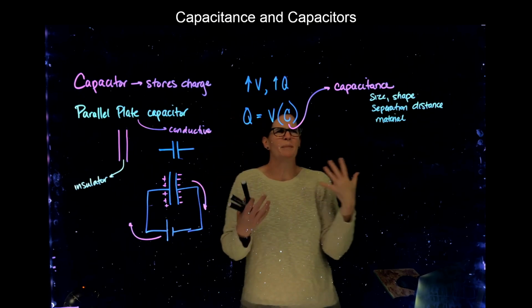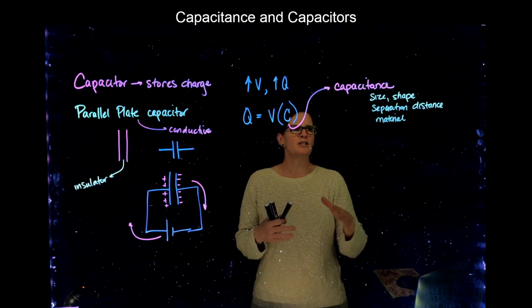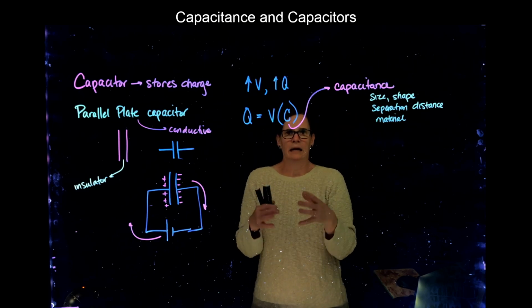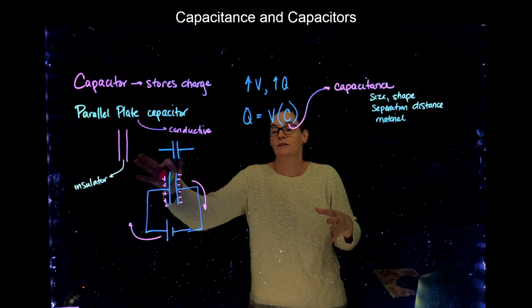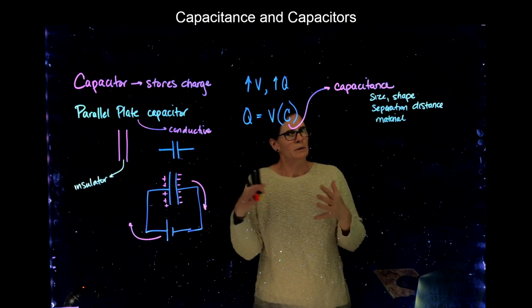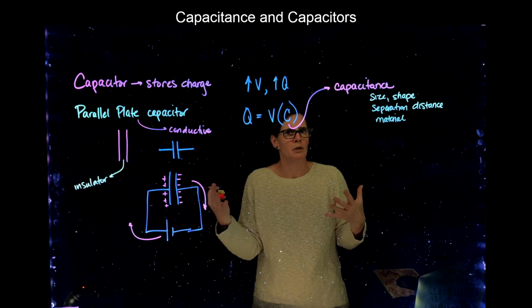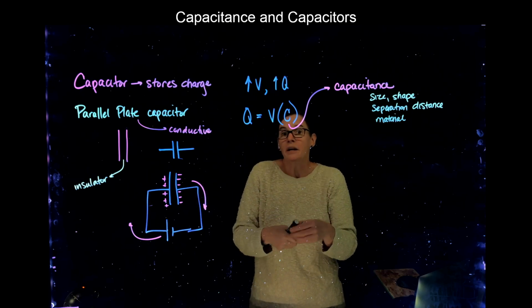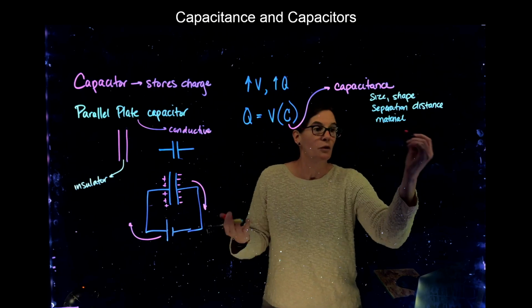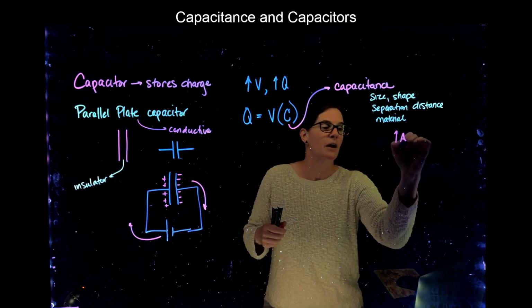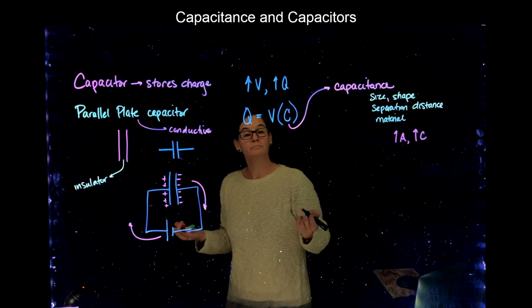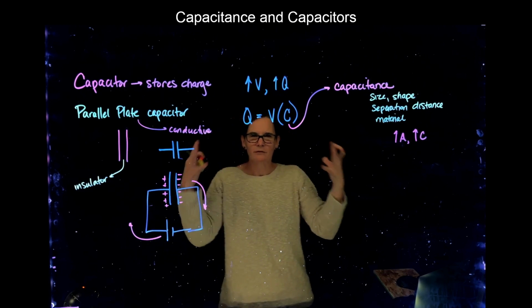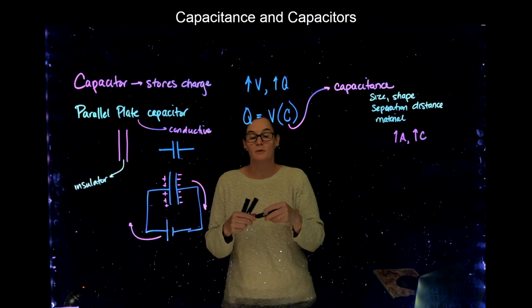Okay, so why might that make sense? Well, let's imagine we're looking at size, and I have a small capacitor versus something that's large, with lots of conductive surface. A lot of conductive surface has the potential to hold a lot of charge, right? So for example, if I increase the area, we might expect the capacitance to go up, okay? So that gives you a framing of what would influence capacitance.